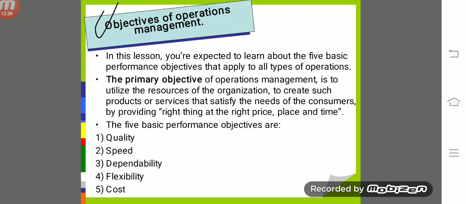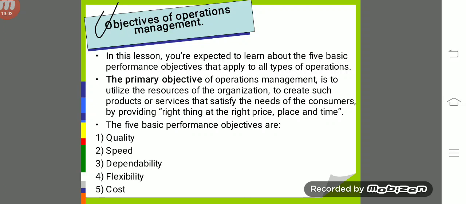That's why machinery 2 is dependent on machinery 1, and machinery 3 is dependent on machinery 2. Each process depends on the last process, so dependability management is also there.